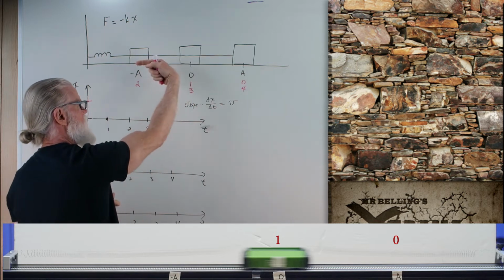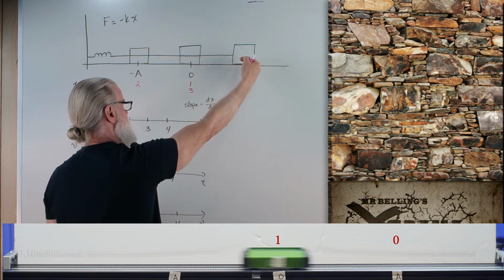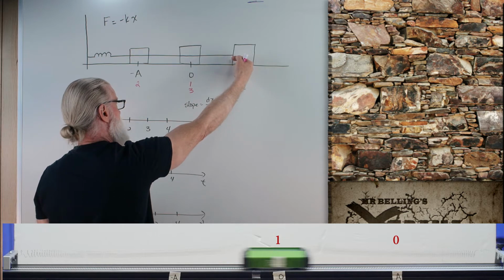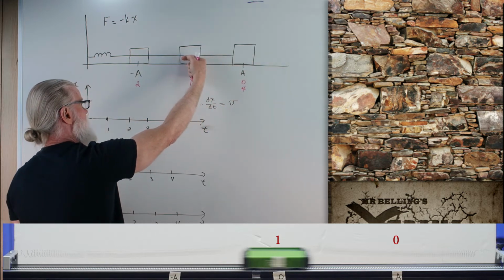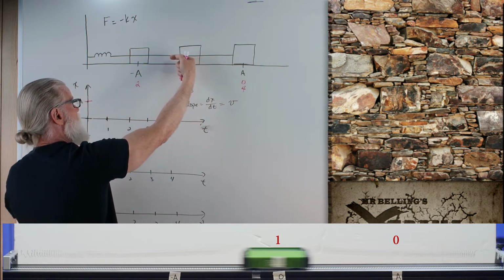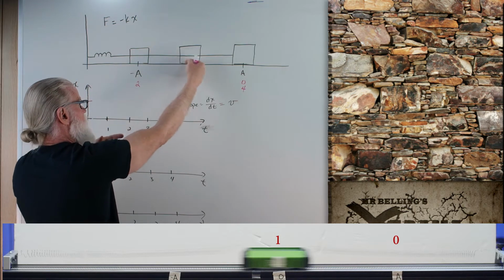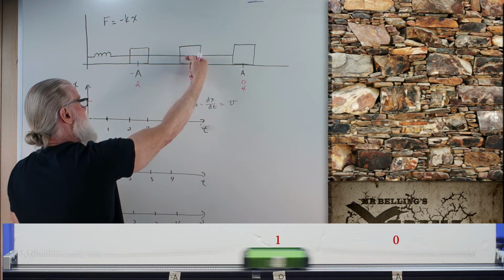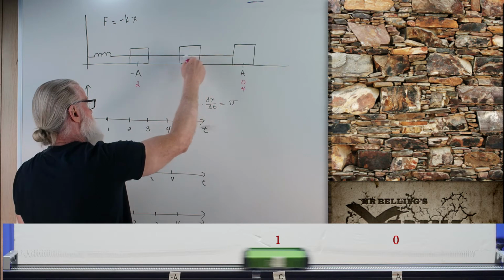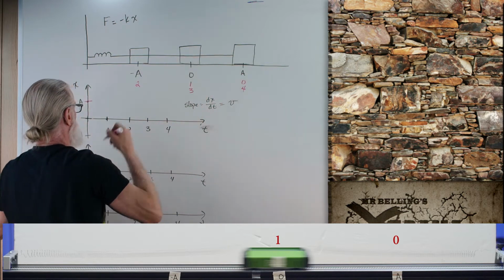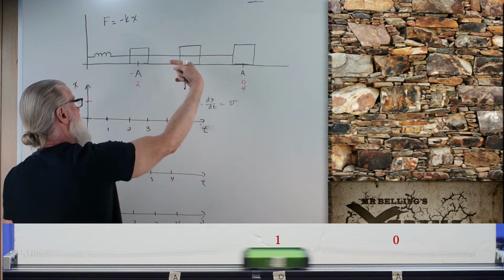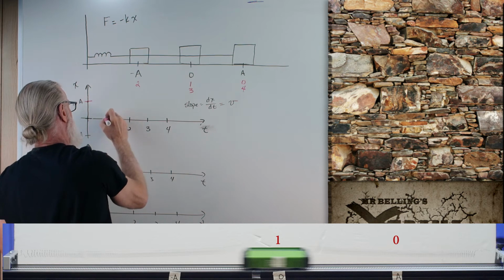It's going this way, and it's going the fastest it's going to go because it's been speeding up, speeding up, speeding up. Now the spring is pushing on it, so it's going to be slowing down. So this is the fastest point. That is a high velocity, and it is negative, so I'm going to have a negative slope, like that.